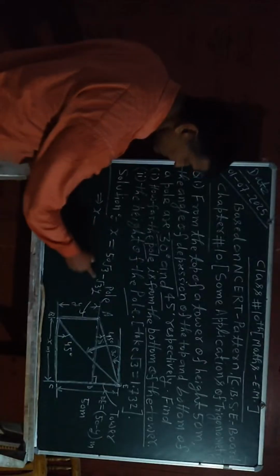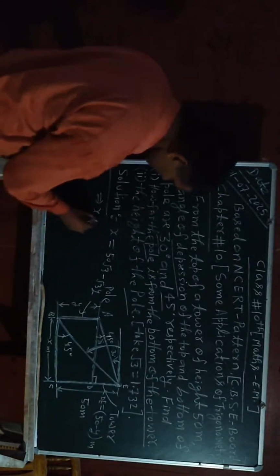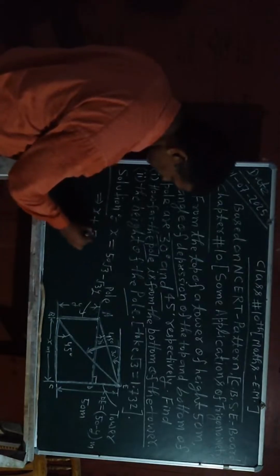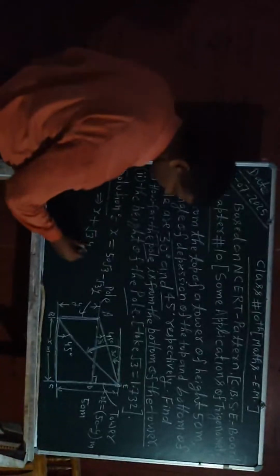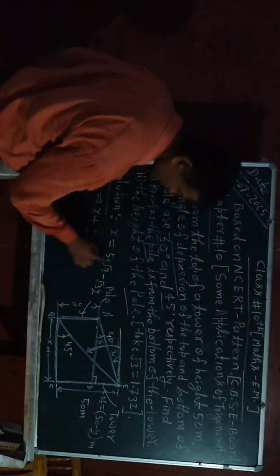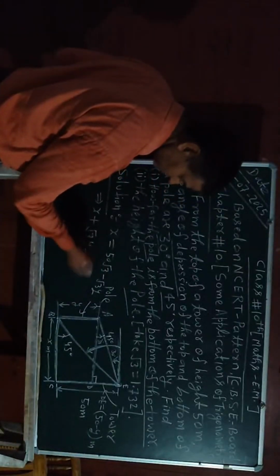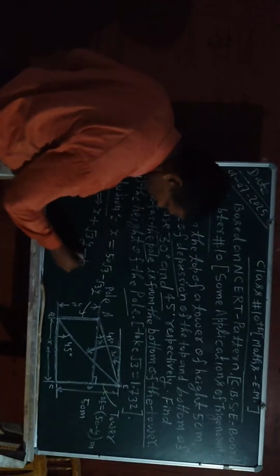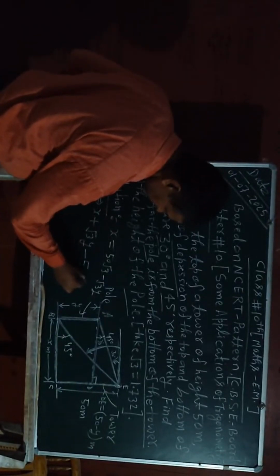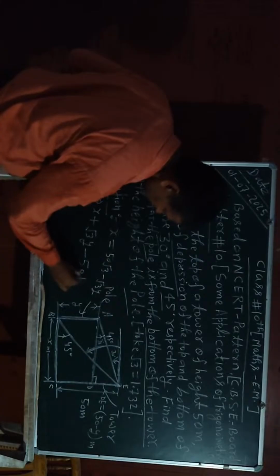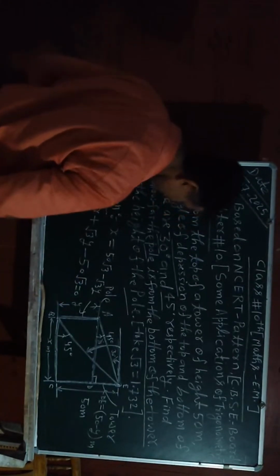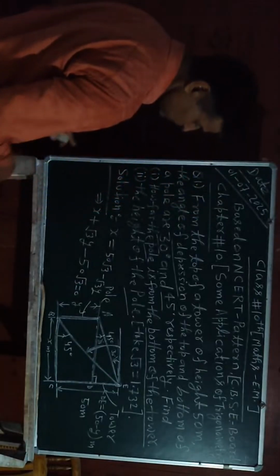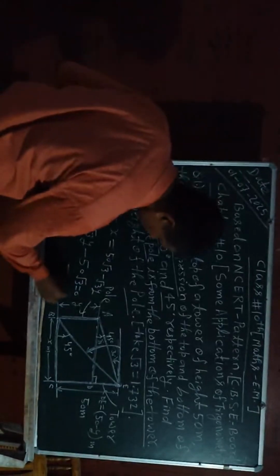So here x, now root 3 y is positive, so here I will write x plus root 3 y, and this data is plus, but it is coming to the left hand side, so I will put minus 50 root 3. And on the right hand side there is no value, so I will put 0. Okay, so I will say this is equation number 1.